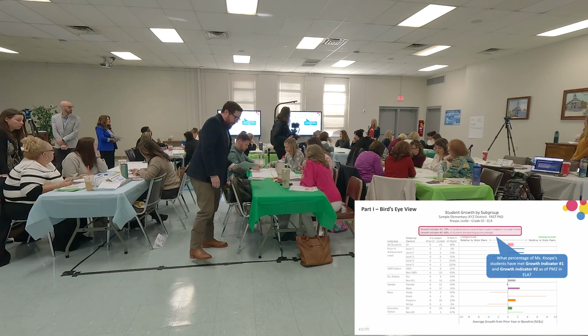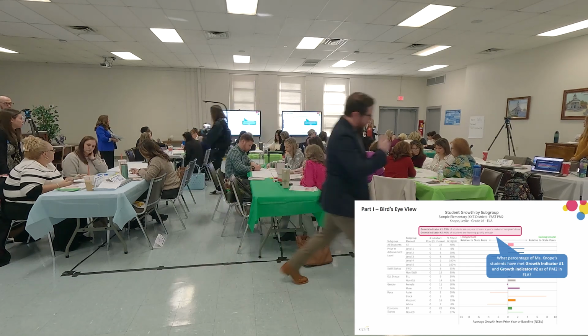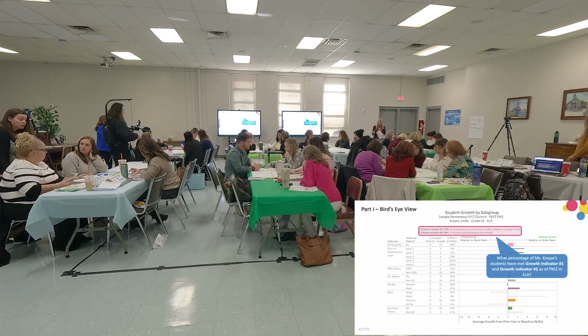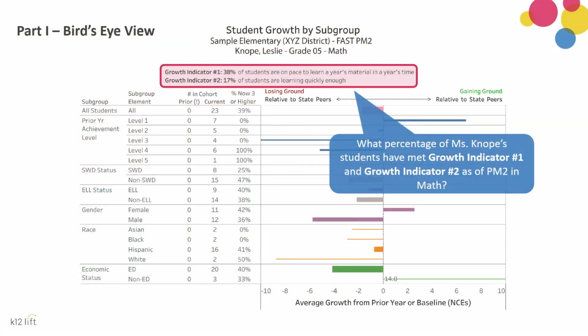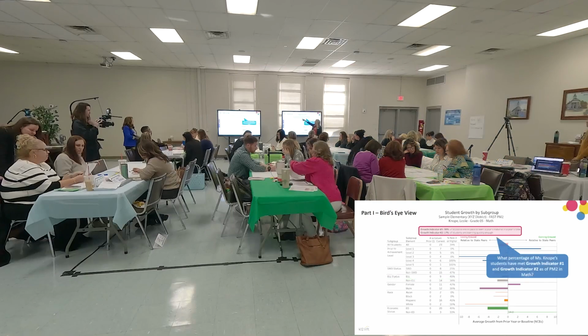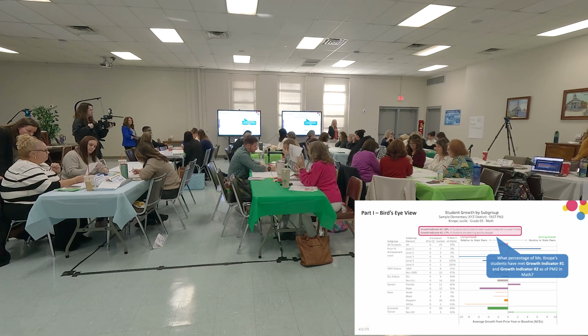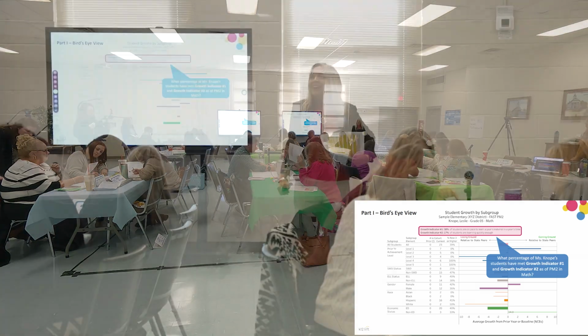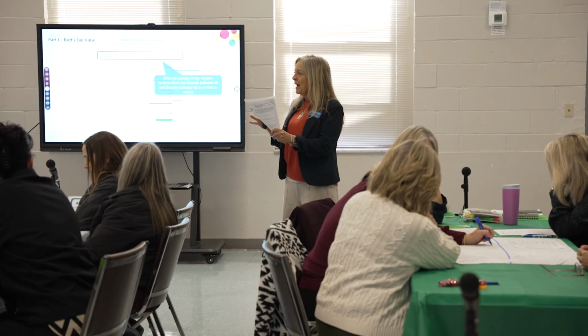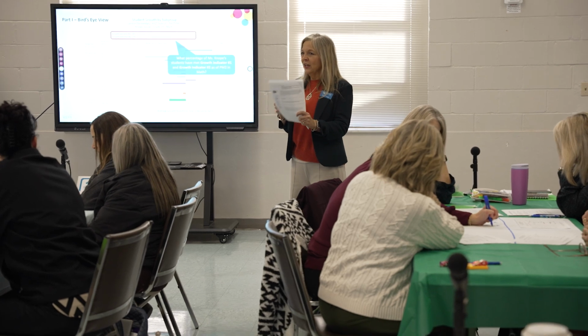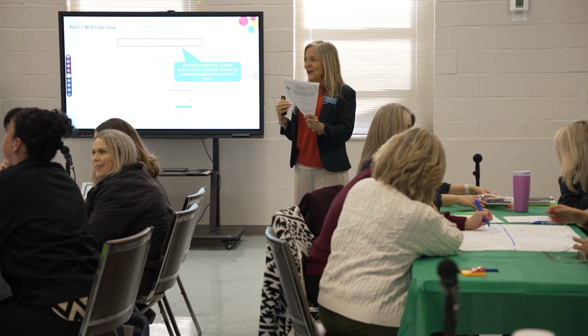Growth indicator 2, 46%. Okay. What about for math? What percentage of students met growth indicator 1? 38%. Growth indicator 2? 17%. All right. You see what you have in your hand? Everybody feeling good? All right.